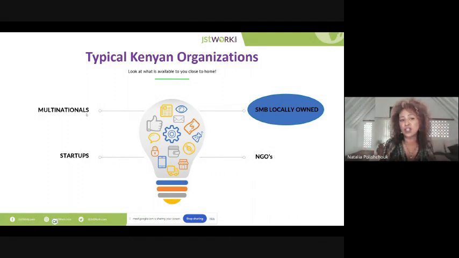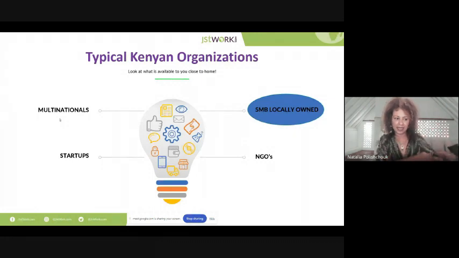We also have lots of multinationals, but with multinationals, what we have to be very careful about is that, you see, I can use any company. With multinationals, you need to understand their operation back in their HQ is likely to be very large, whereas their operations across Africa or Kenya may not be as large.